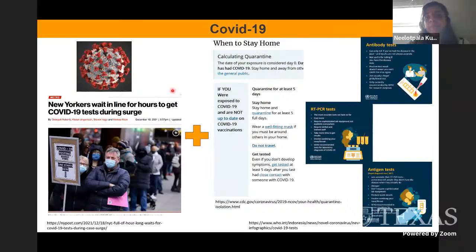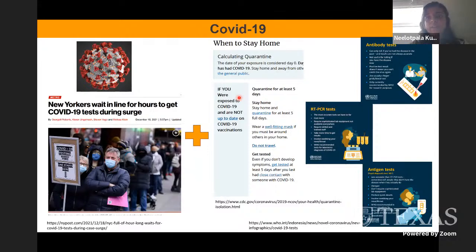Then, coupled with that, we also have the guidelines from CDC, which says that earlier, especially if the person had not been vaccinated, the recommendation was that you have to quarantine for 5 days before actually going for the test. The reason for that, again, was number one, the shortage of testing kits.